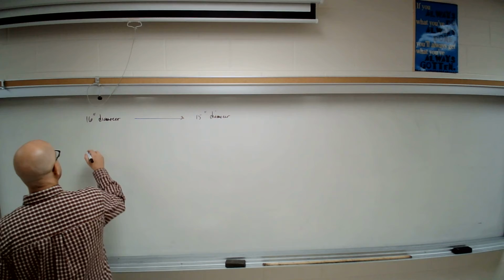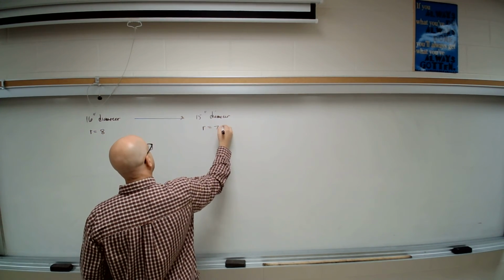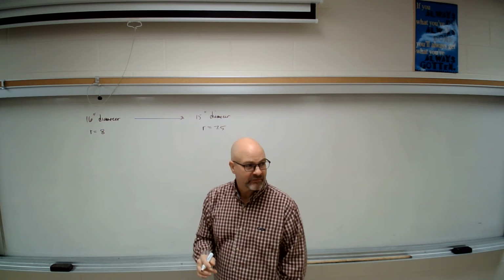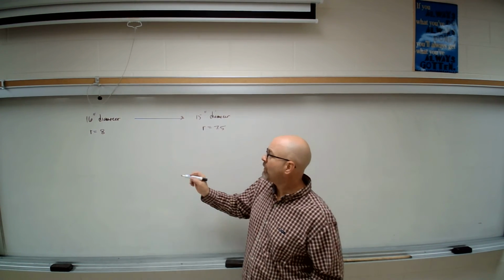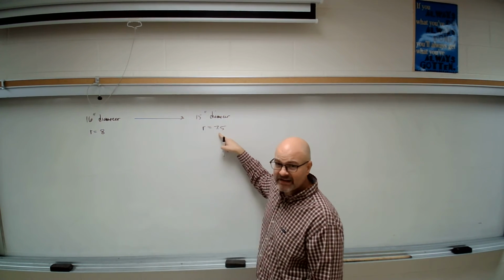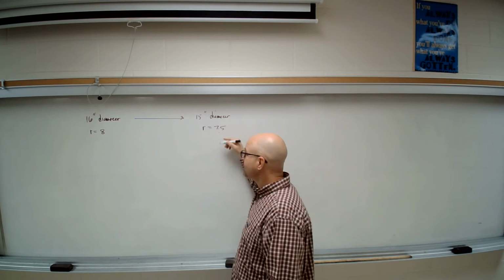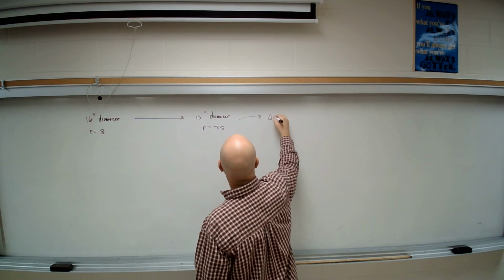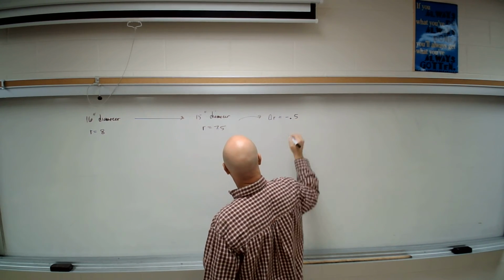So let's say that r is 8 and that r is 7.5. Now this is the one that we already have, but here the radius changed by 0.5, correct? So in this case, the change in r is negative 0.5.